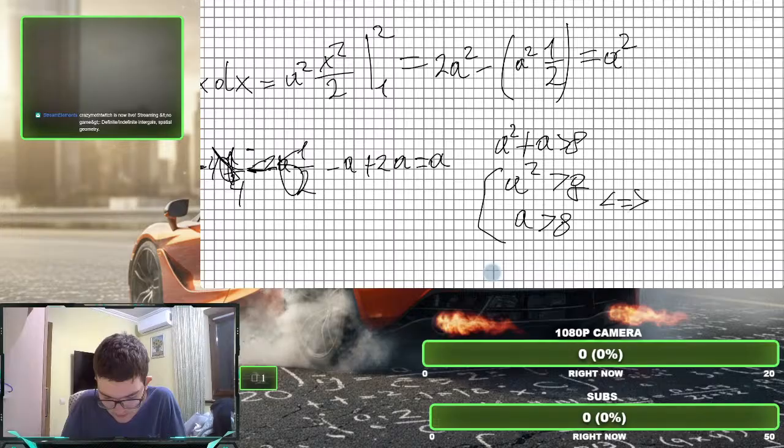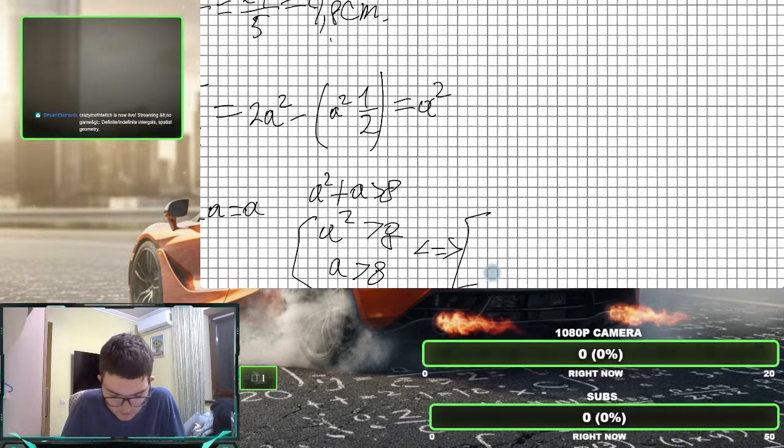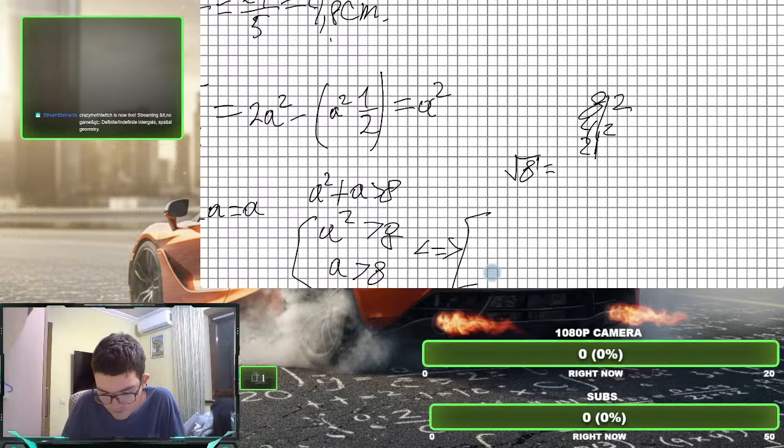Now here have values and stuff like that. If it's square root of h, I'll have that square root of h, so 2, 4, 2, 2. So yeah, it's like 2 square root of 2, right?